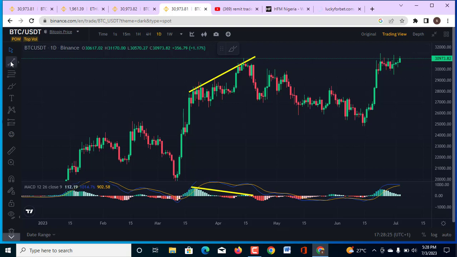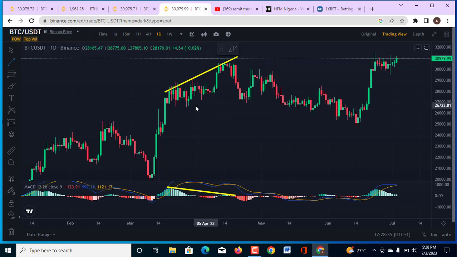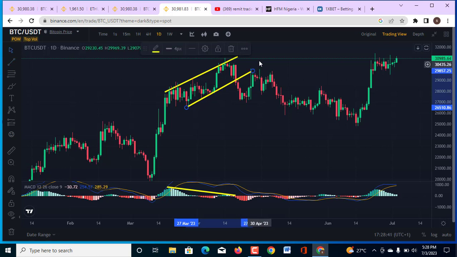What you need to do right here is not to take the trade immediately after you spot the divergence. You have to wait for the market to break out of certain levels, or if you see certain patterns from this very area, you see the market from here up to this very point, we will have to wait for a breakout. A breakout of this very line will indicate that the market is going to come back to the downside.